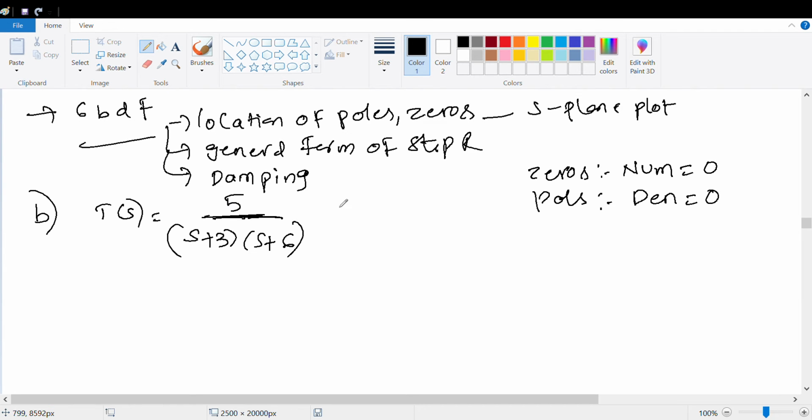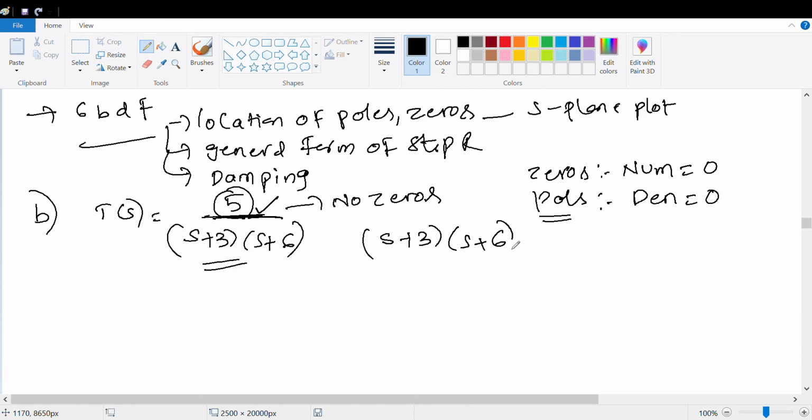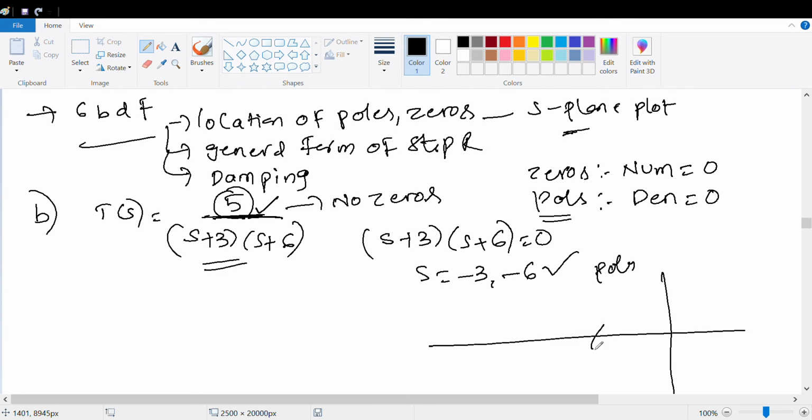For the numerator there is no s term, so there are no zeros. For the denominator, (s plus 3)(s plus 6) equal to 0, so s equals minus 3, minus 6. These are the poles, and we need to plot them on the s plane. In the s plane, poles are represented by a cross and zeros by a circle. Now the general form of step response.